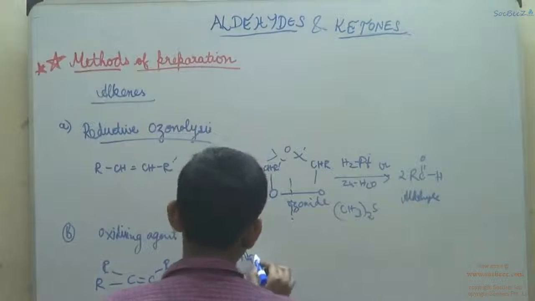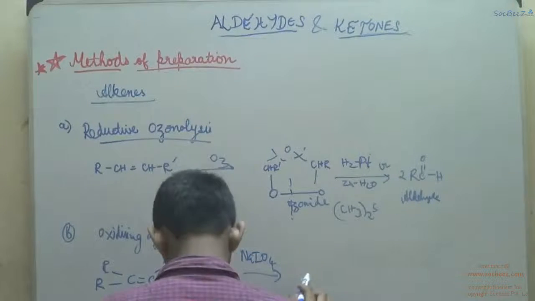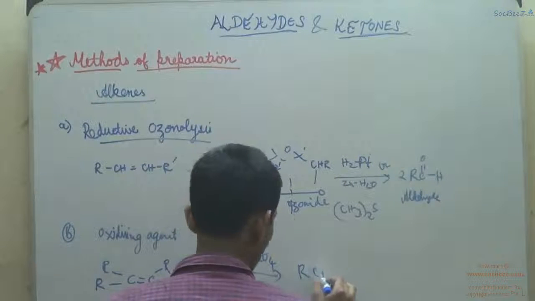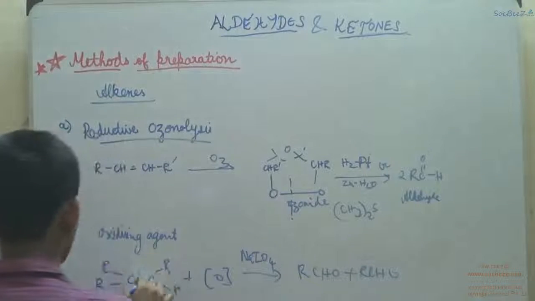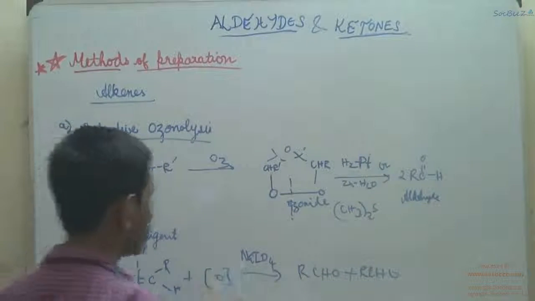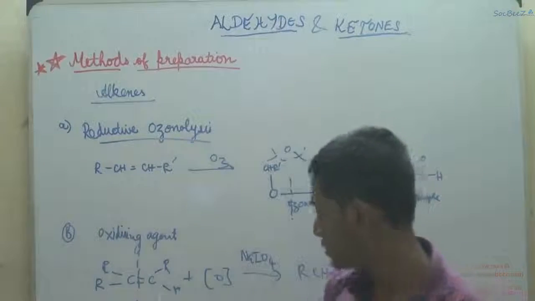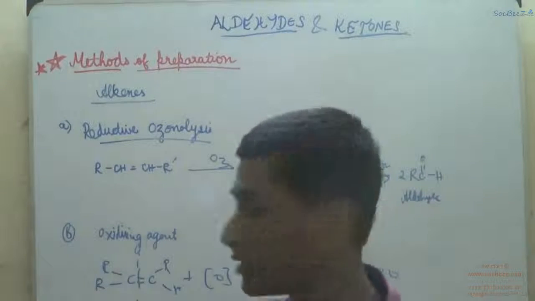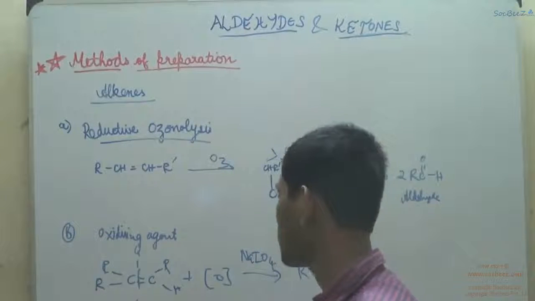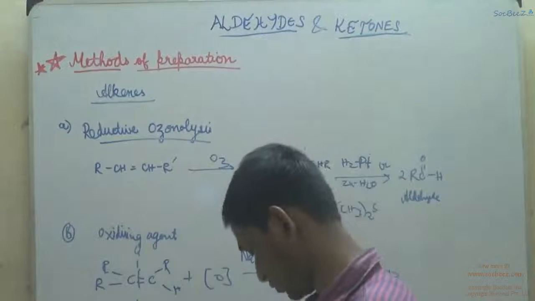Let us take some NaIO4. You will get aldehydes. Cut it here, and this double bond is replaced by a carbonyl group, you get aldehydes. No other option.